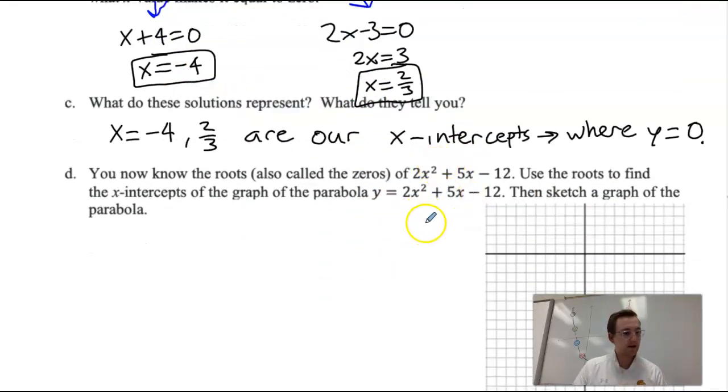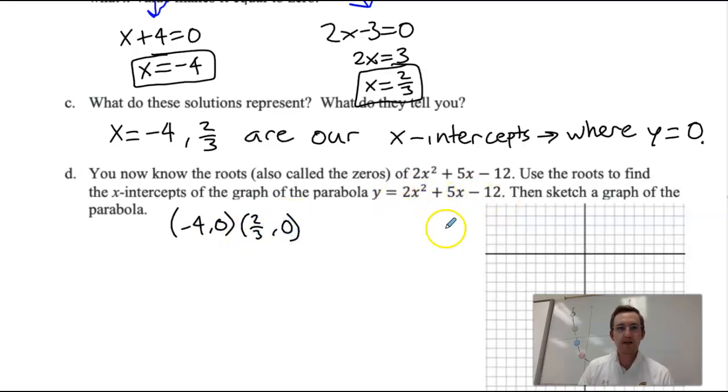We know our y-intercept. So if we plug in 0 for x, we can find our y-intercept. So we get 3 points in this case. Our x-intercepts: negative 4, 0. We have 3/2, 0.